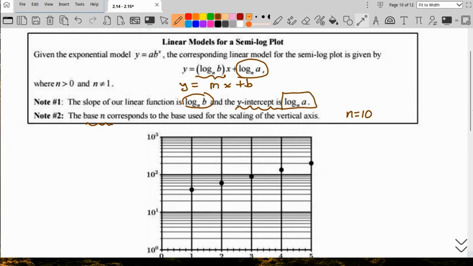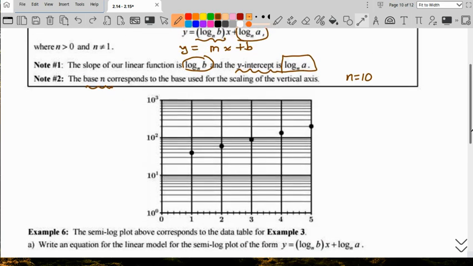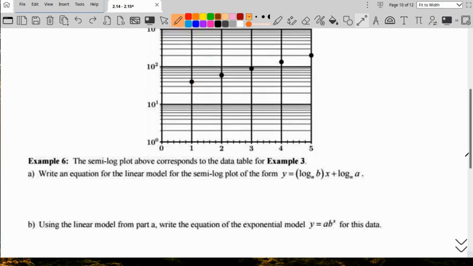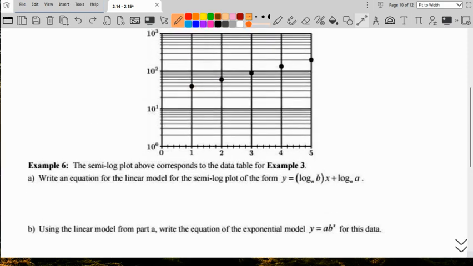Okay, so let's take a look at this problem. It says the semi-log plot corresponds to the data table for example 3. So we've got example 3 earlier on in your notes. You can flip back to that data. Write an equation for the linear model for the semi-log plot of the form y equals log base n of b times x plus log base n of a.